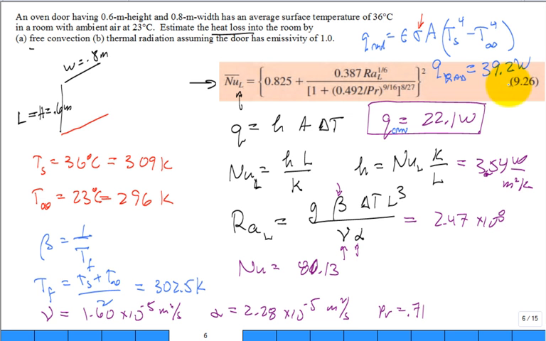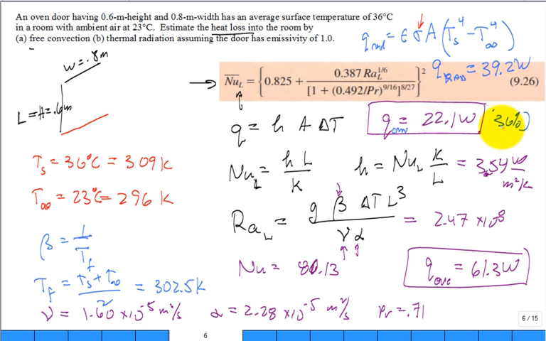And so often when you're studying natural convection in air, and you do have warm surfaces, you should account for thermal radiation as well. So if both of those would be occurring at the same time, the total heat removal from the oven door would be 61.3 watts. And looking back at it, convection would account for about 36%, a little over a third, and the radiation would be the 64%.